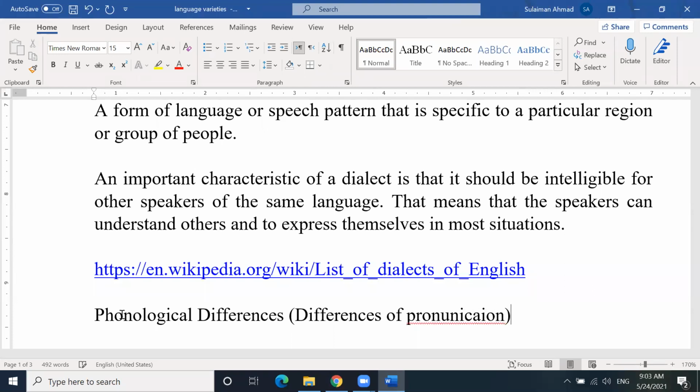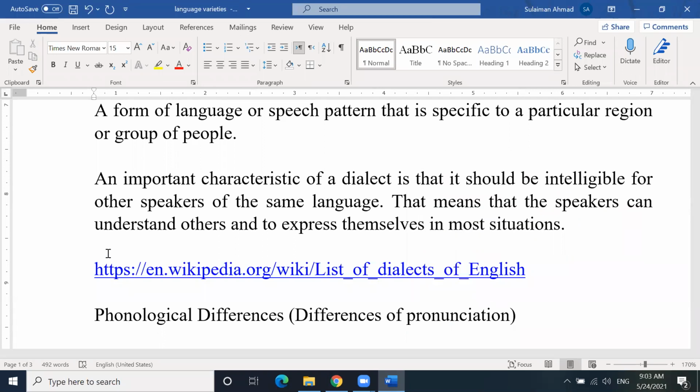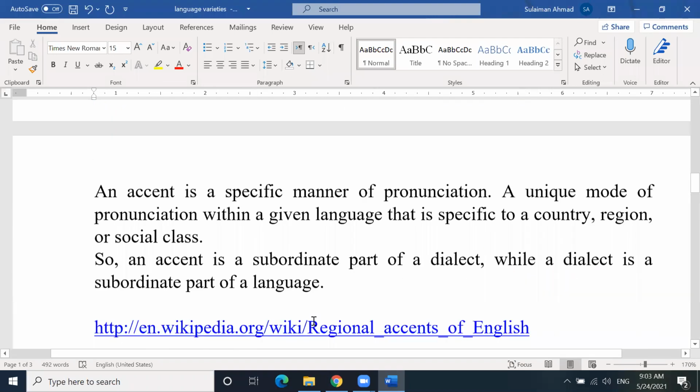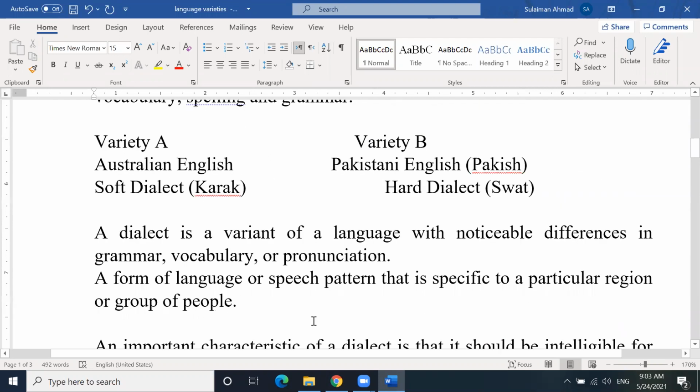When we talk about the differences of pronunciation only between two varieties, based on these differences, we refer to them as accents, right? The British accent of English, the American accent, the Australian accent, the Pakistani accent, the Indian accent. We differentiate all these accents from one another based on the differences of pronunciation only, right?